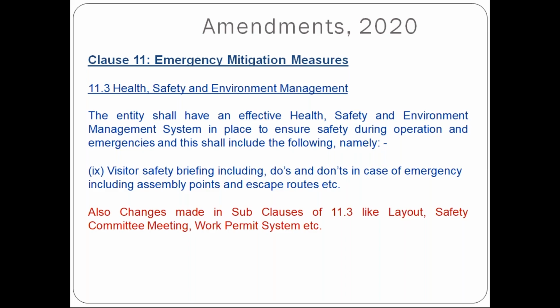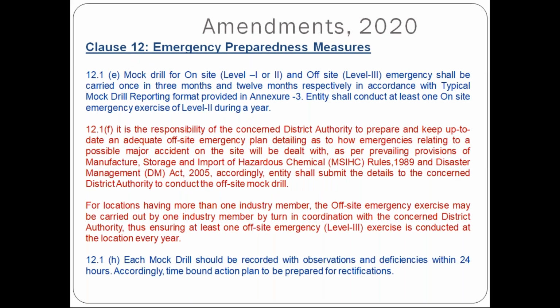Now, this part is also one of the requirements. Once the plan is made, it is very important that we test or rehearse the plan at periodic intervals. So as per the law, depending on the scenario, whether it is a level 1 or level 2 or level 3 emergency, normally level 1 and level 2 emergency drills must be conducted once in 3 months to make sure that the systems are functioning.